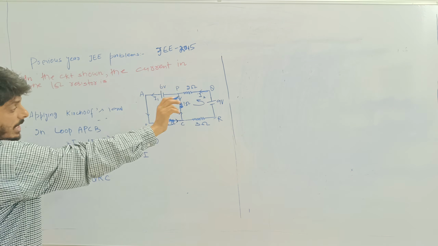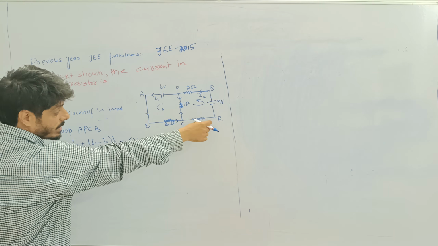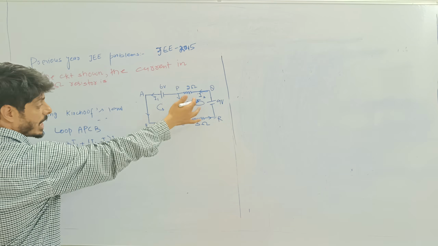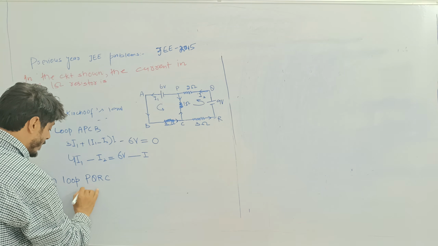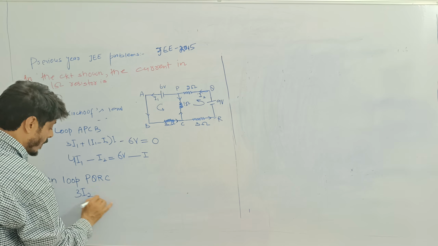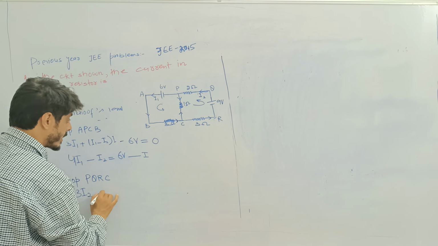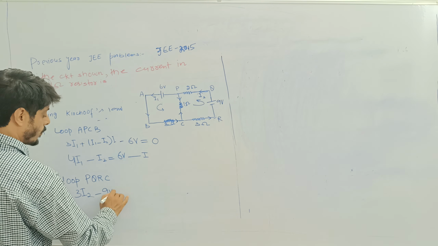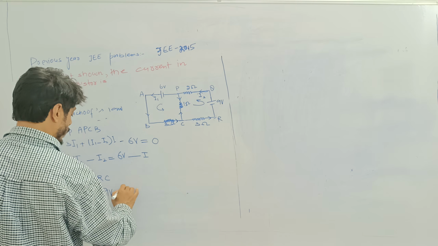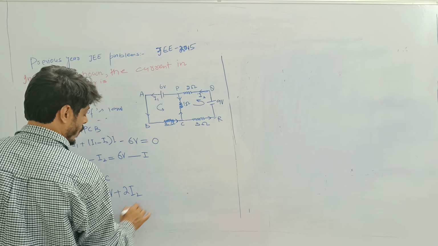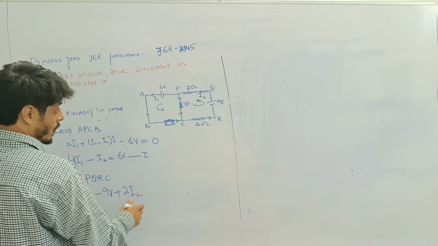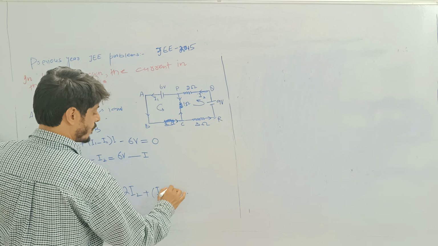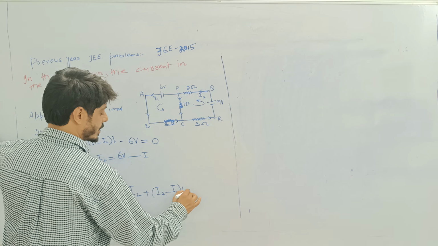If I take this direction, this is I2 into 3, so it means 3I2 minus 9 volt plus 2I2 plus (I2 minus I1) into 1, and it is equal to 0.